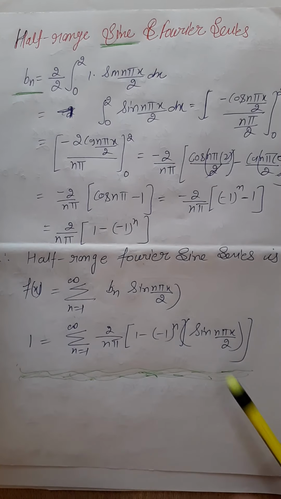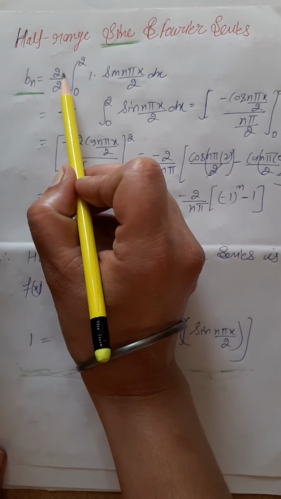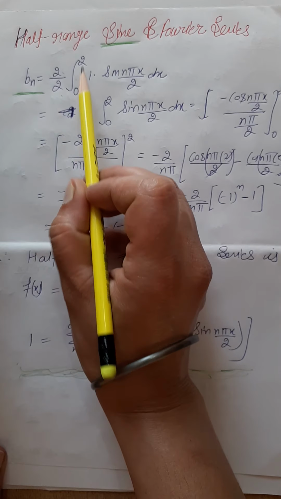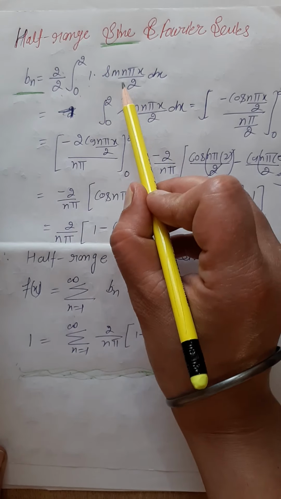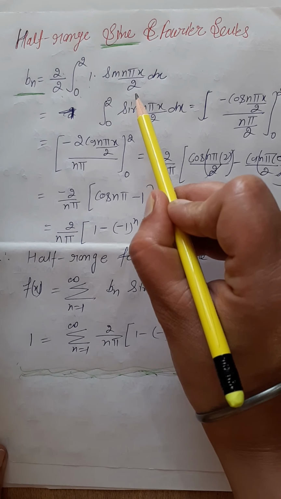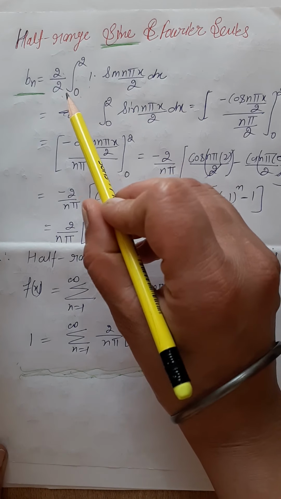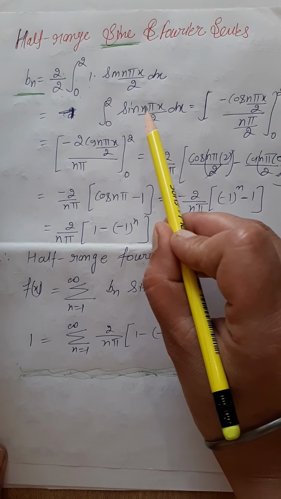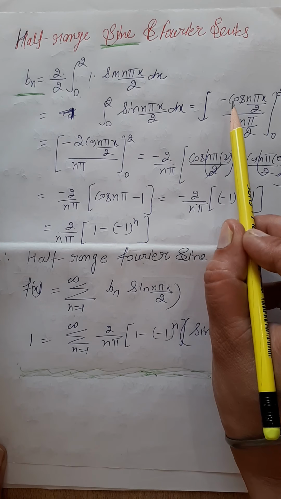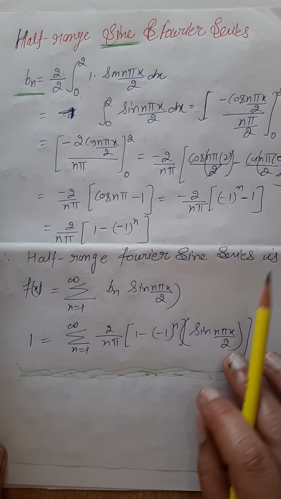You can see here we write the Fourier formula for bn: 2 by L, 0 to L, fx is equal to 1, sin n pi x upon L, where L here is 2. Again, after cancelling 2 you get only the sine function. Integration of sine is minus cos n pi x upon 2.